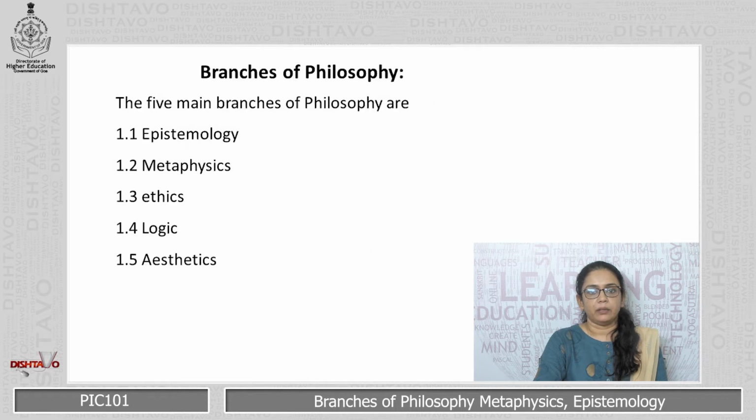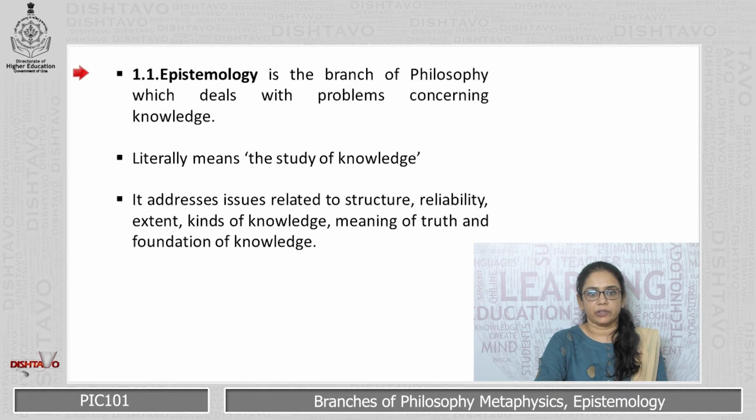Now, the main branches of philosophy are 5 in number and they are as follows: epistemology, metaphysics, ethics, logic, and aesthetics. Coming to the first branch, that is epistemology. This is a branch of philosophy which deals with the problems concerning knowledge. Literally, it means the study of knowledge.